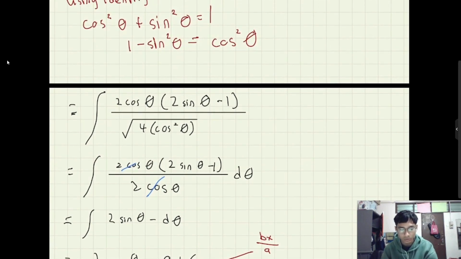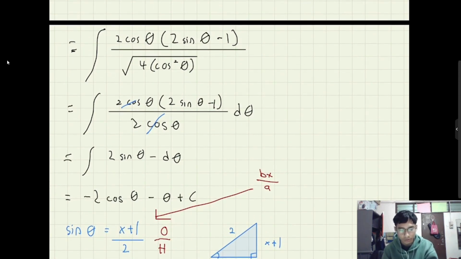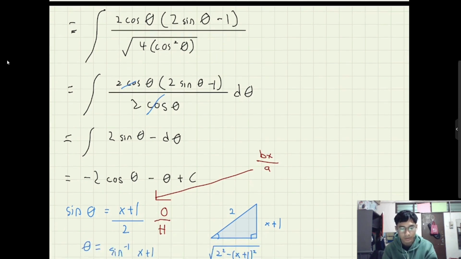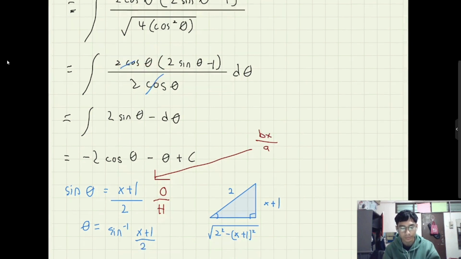After substituting the cos squared theta, I solve the expression, and then what we get is 2 cos theta, and we can cancel out this 2 cos theta because it is the same as the expression at the top.